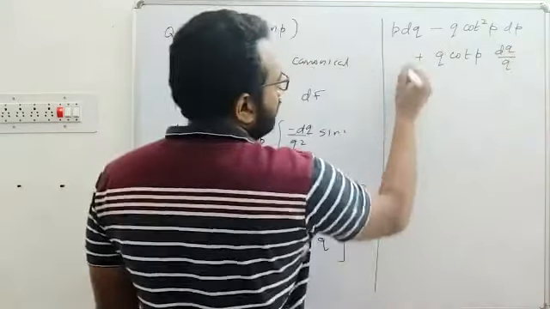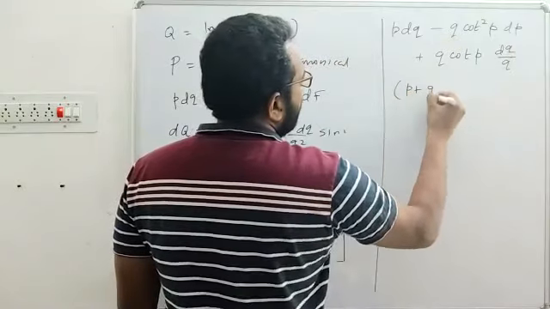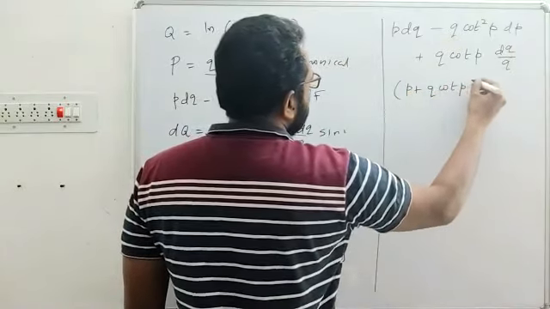So if you combine these terms, this becomes p plus q cot p.